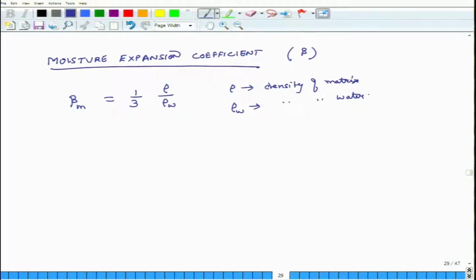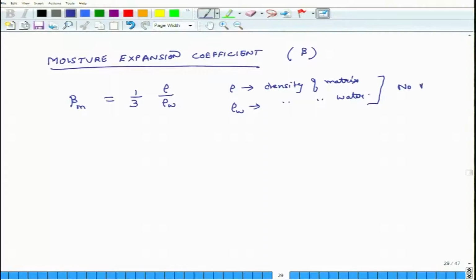Here we assume that when the matrix is absorbing water, there are no air spaces and voids, because if there are voids, then first the water will fill up those voids and then it will try to expand the system. So, this works when there are no voids. This is the relation for the matrix moisture expansion coefficient.